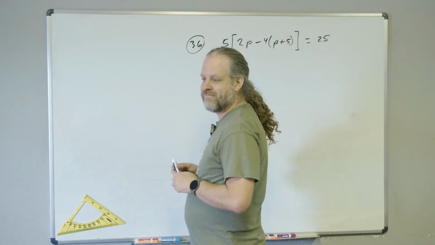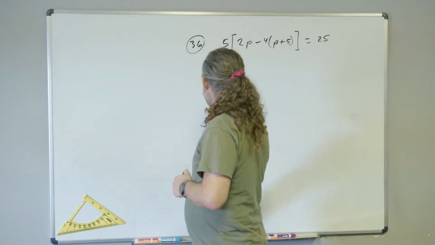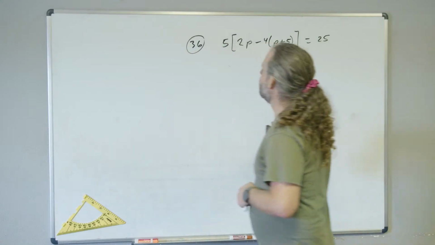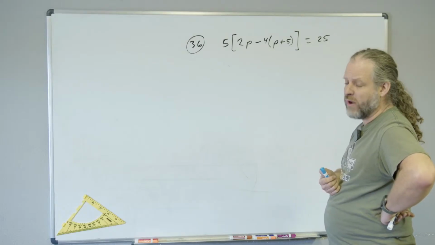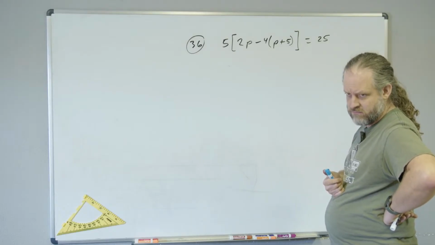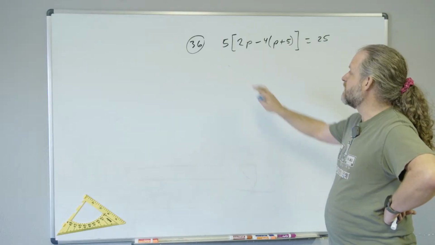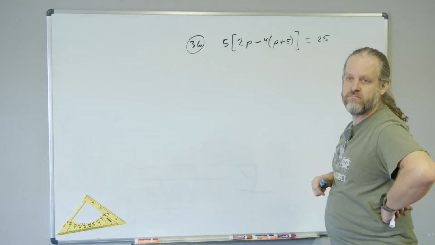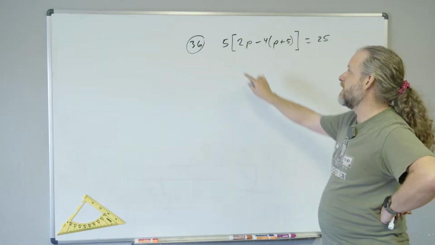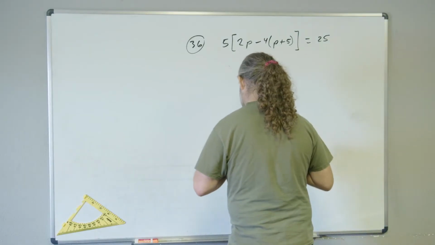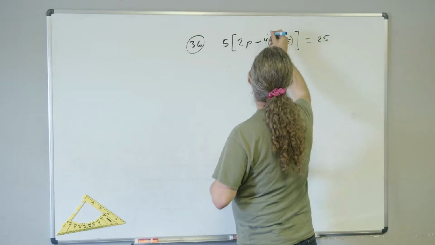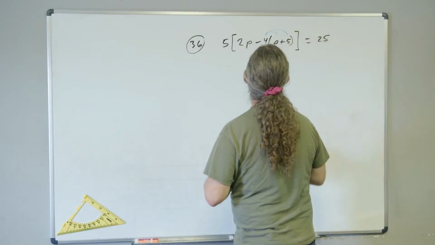Okay. So 2p and negative 4, if they're both inside brackets, how are we going to decide? Are we supposed to distribute both of them? No, because this isn't multiplied. Only the negative 4 is multiplied, not the 2p. He's not attached that way. Okay.